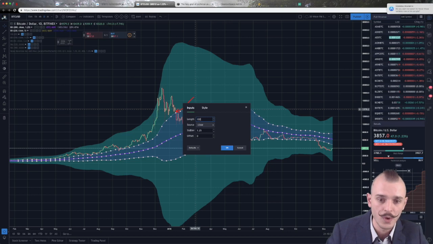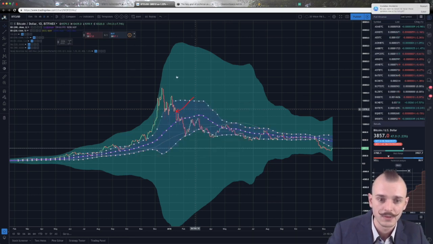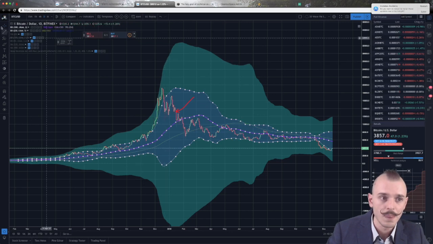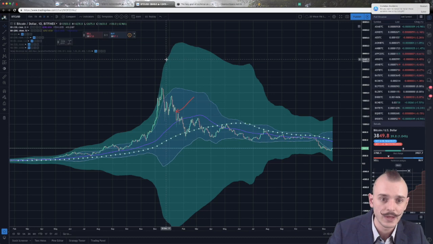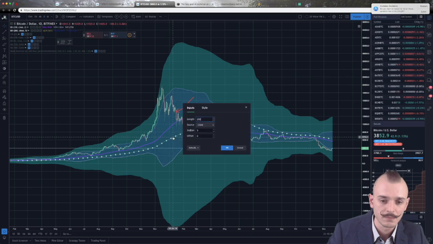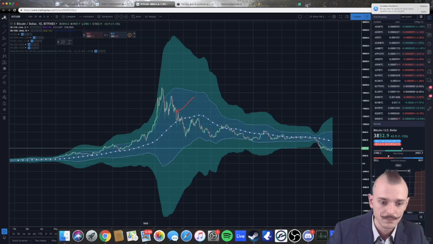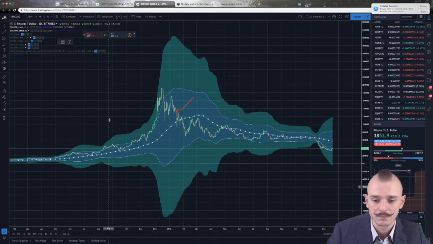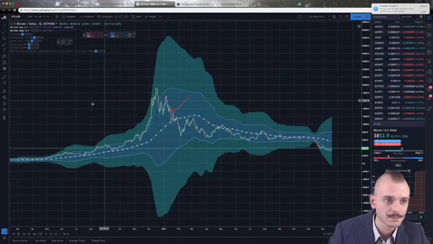I'm going to change this to a 100 period. And we're going to do the second standard deviation. And then I'm going to load up the 100 on the fifth as well. Okay.